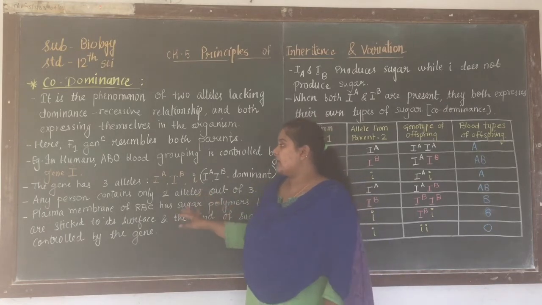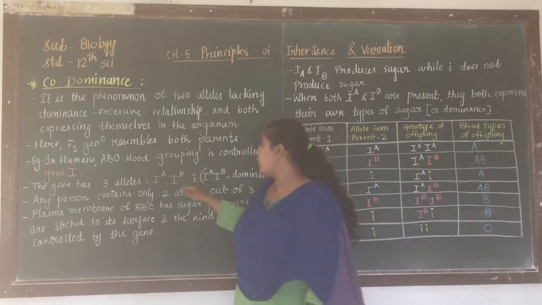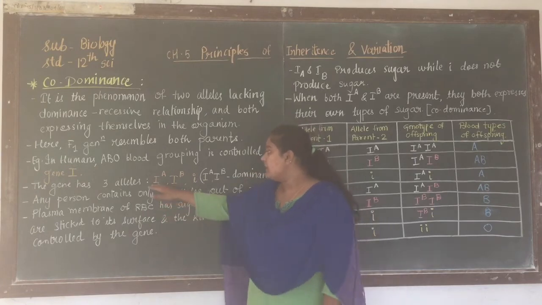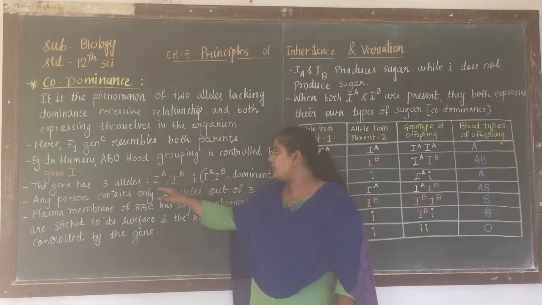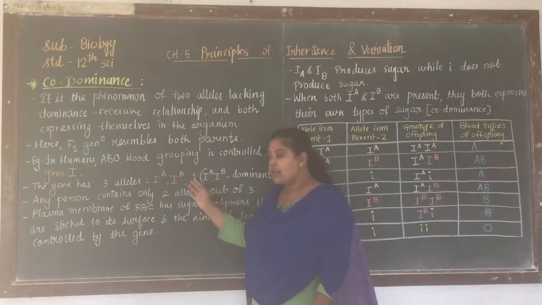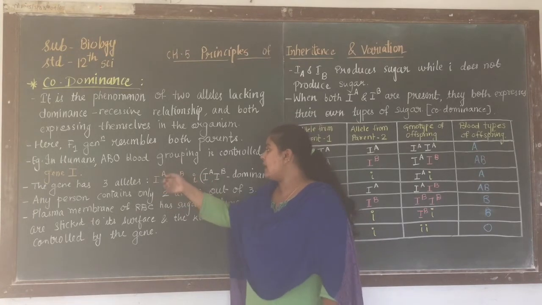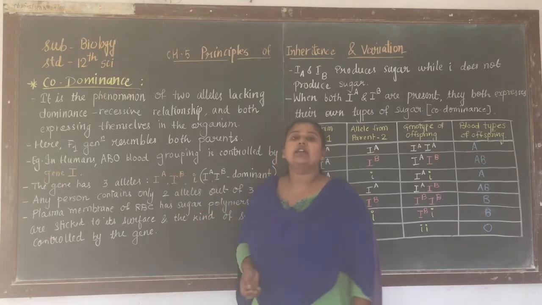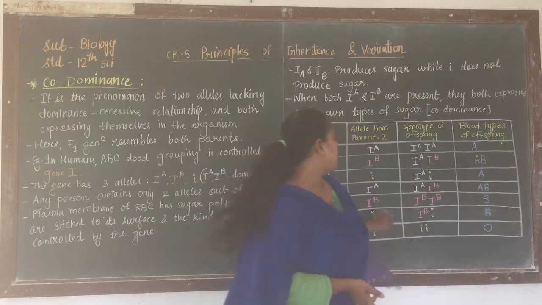Every person has only 2 alleles out of these 3. That means every person has either IA and small i, IB and small i, or maybe IA and IB, right? So there are several different combinations which we are going to see here.